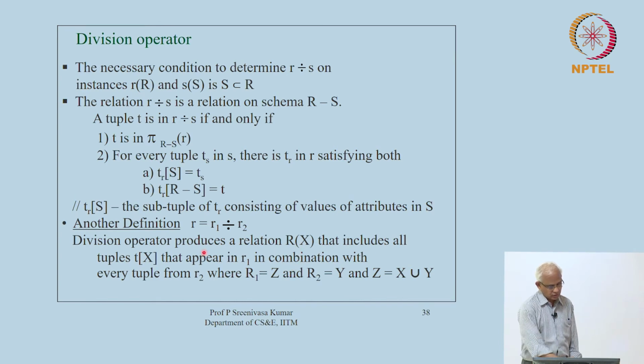It includes all tuples Tx that appear in R1 in combination with every tuple from R2, where these schemas are appropriately worked out. So R1 is some Z, whereas R2 is this Y, and Z is the union of these two things.